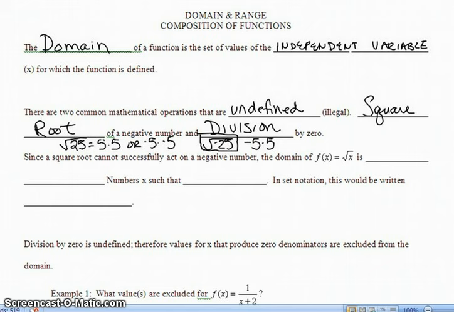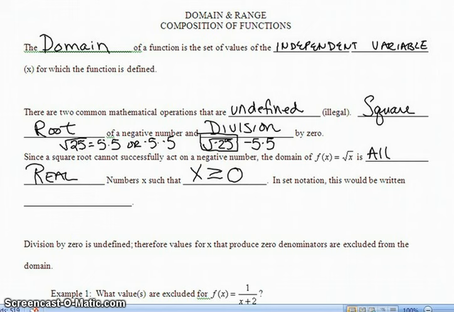So since it can't successfully act on that negative number, the domain has to be all real numbers such that x is greater than or equal to 0.